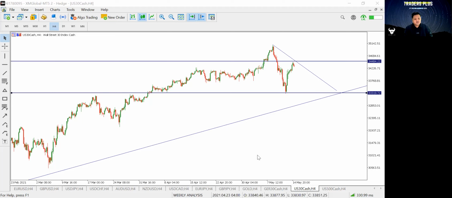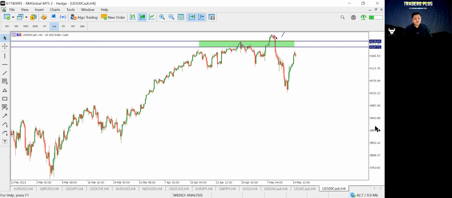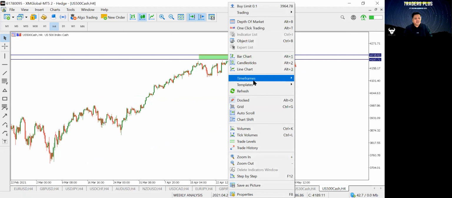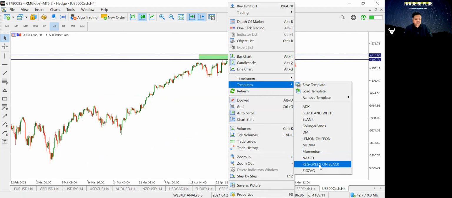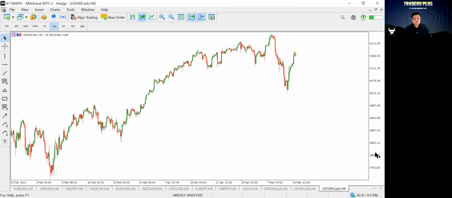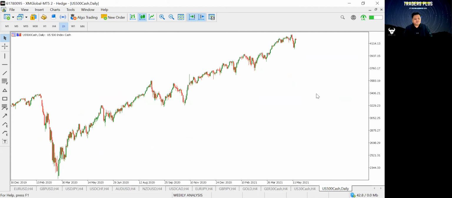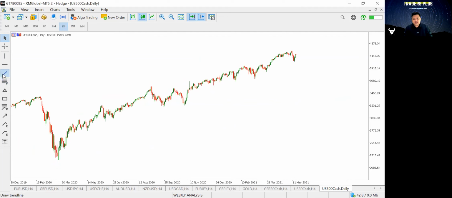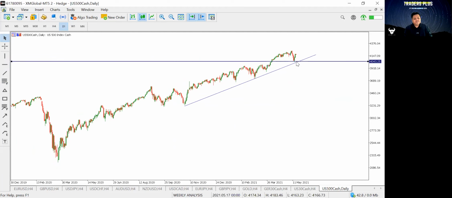Okay? So, let's see US 500, which is the SP 500. Okay. So, lahat, medyo sablay ito yung last week natin. We didn't expect na mas mahaba yung pullback niya, no, yung pagbababa niya. Okay, but let's see what's next. So again, we are also looking at a strong uptrend right here. All right. And of course, this is a support area.